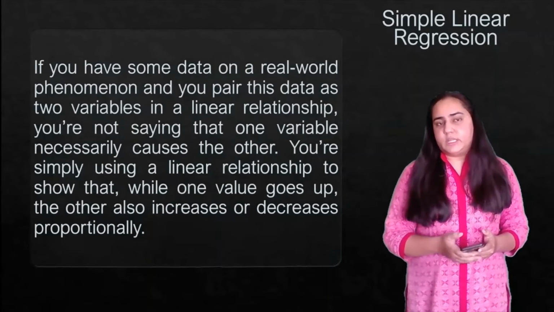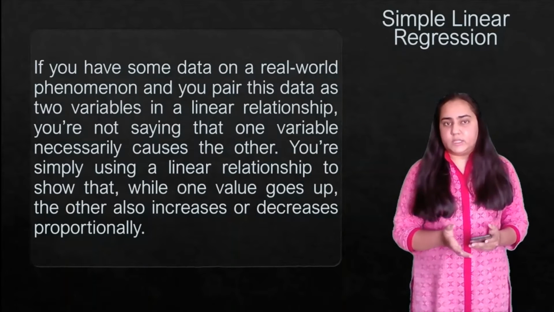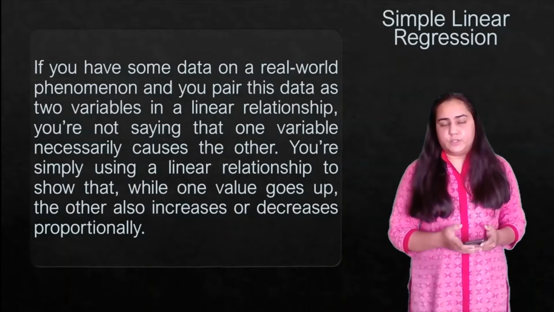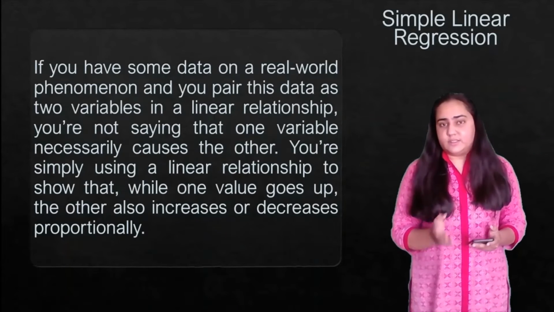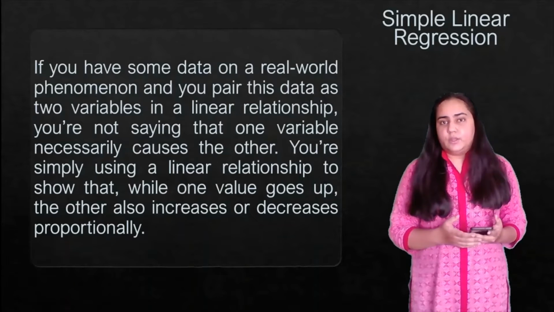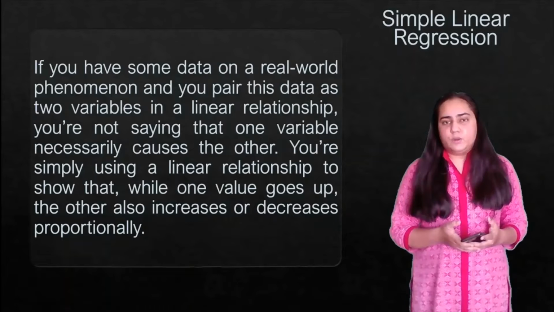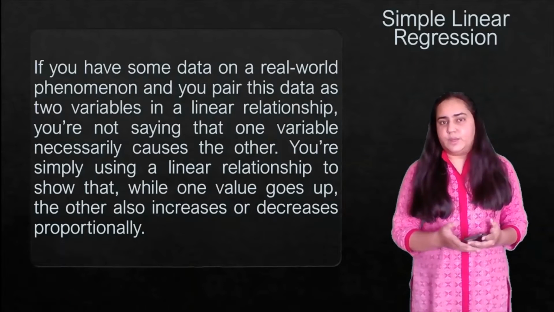Now, if you have some data on a real world phenomenon and you pair this data as two variables in a linear relationship, you're not saying that one variable necessarily causes the other. When you have some real world data, you're not trying to say that this variable is causing the other variable to happen.